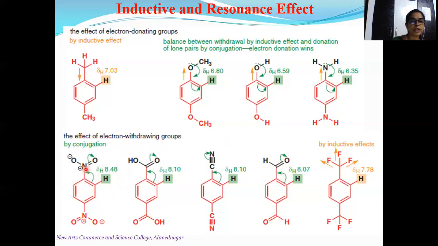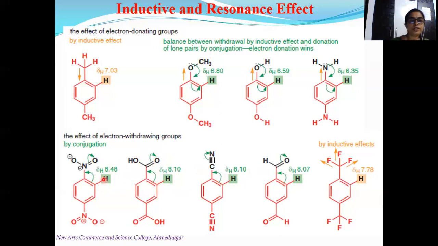Nitro group is having electron withdrawing resonance effect, and at ortho position the electron deficiency is observed, and due to that electron deficiency the proton gets de-shielded. The delta value is 8.48. Now carboxylic acid group, nitrile group and aldehyde group, all these exert the same type of electron withdrawing resonance effects. Therefore, the orthoprotons are de-shielded.